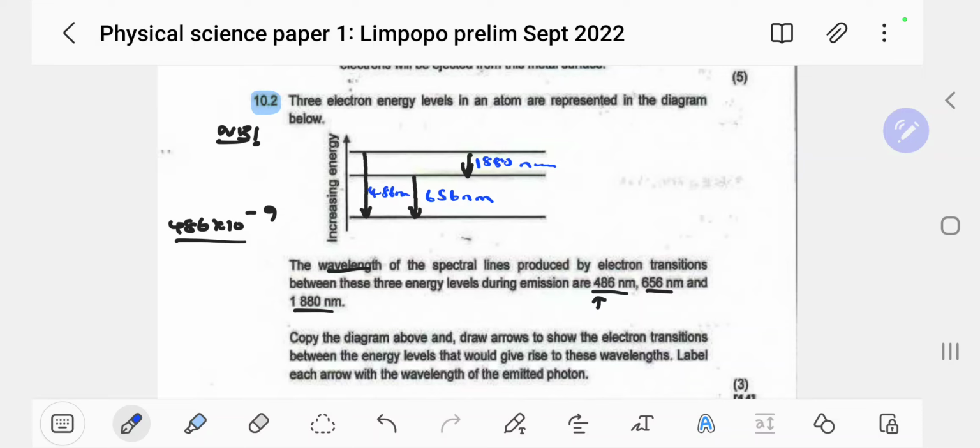So always know these things, which one is bigger, which one is smaller. Shorter wavelengths mean higher frequencies, and longer wavelengths mean lower frequencies. So that is the story.